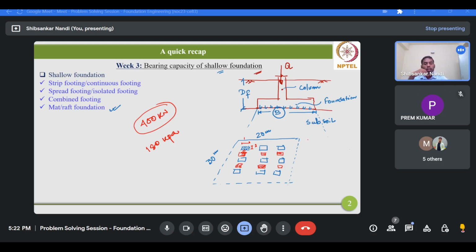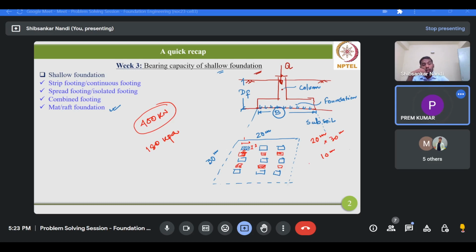You are talking about what is the dimension of that raft, 20 meter or 10 meter? Sir, suppose the dimension of the raft is 20 meter into 30 meter, and we have made the foundation at 10 meter depth. So is it a shallow foundation or a deep foundation?